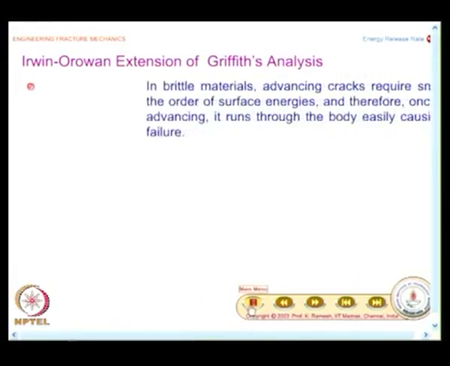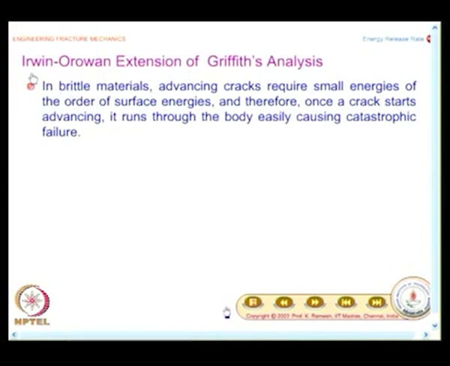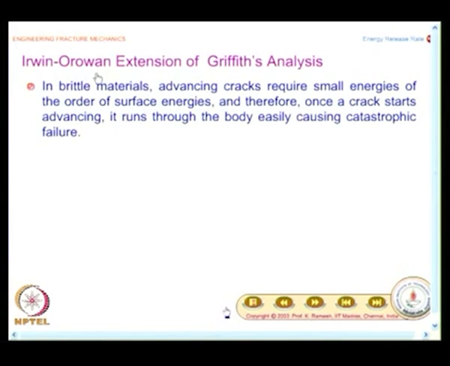Now, let us look at what was the contribution of Irwin and Orowan. See, fracture mechanics has to be useful to society, and we have many structures made of ductile materials. Unless I extend whatever concepts were developed to ductile materials, fracture mechanics will not be useful.